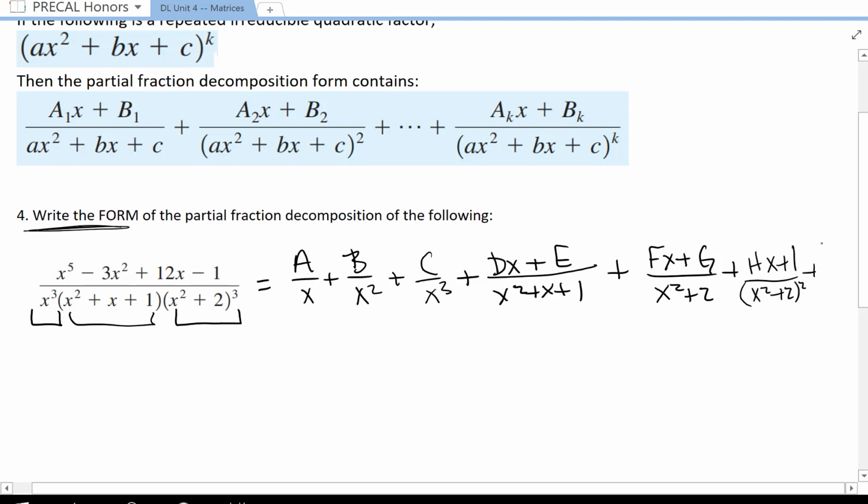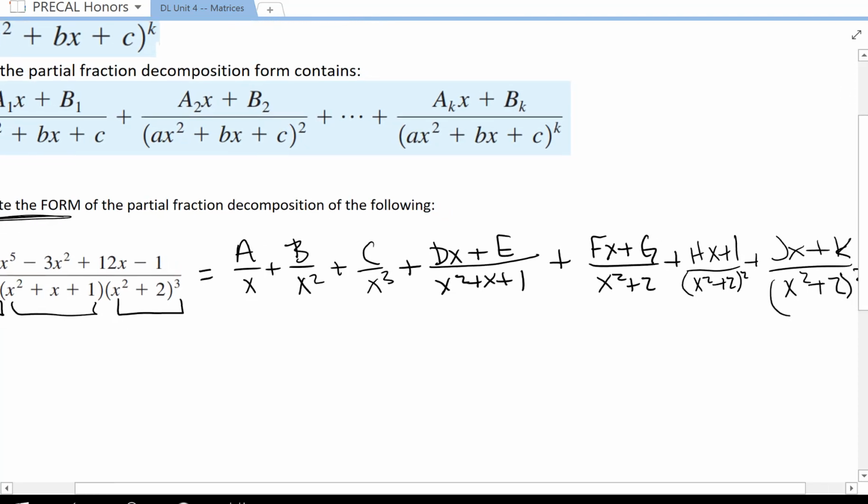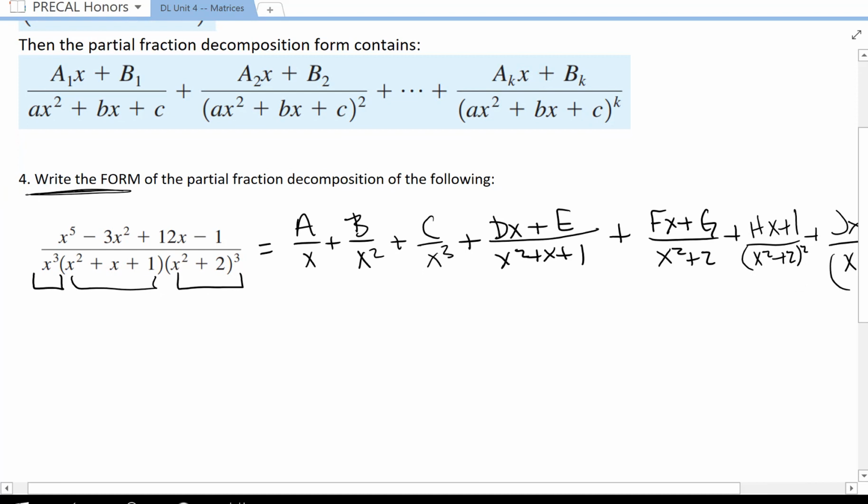And your last one is jx plus k over this quadratic factor to the power of 3. OMG, how many of you want to solve this equation where you have 11 different variables?